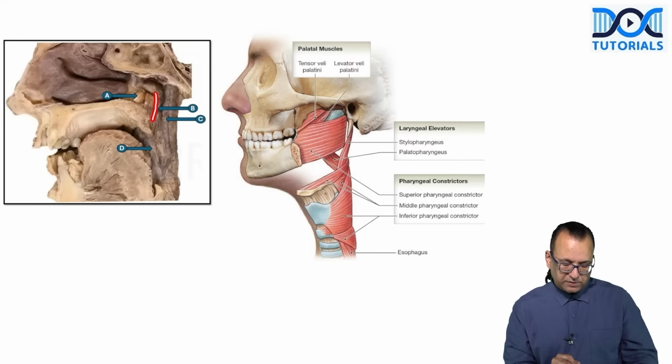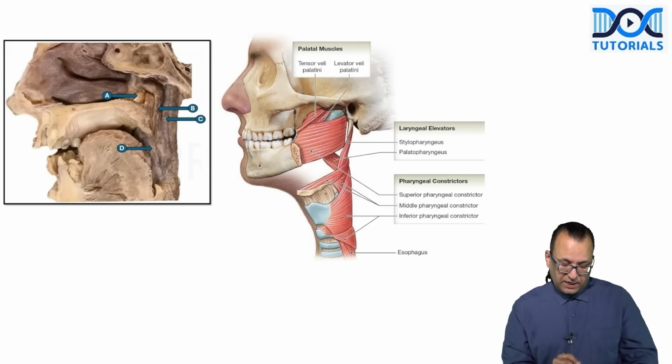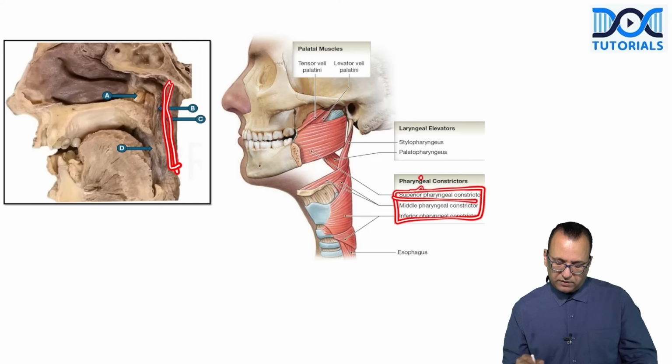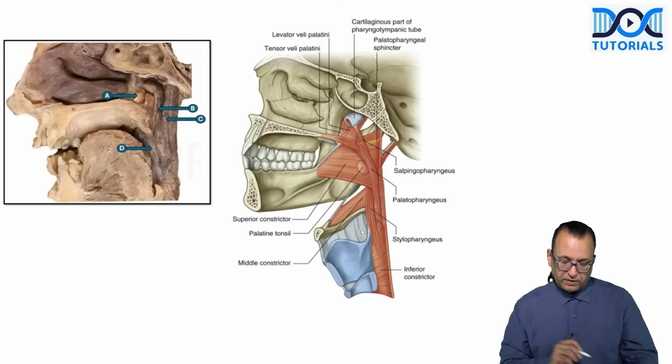Salpingopharyngeus is not evident in this diagram; you have another diagram to discuss that. Even for the palatopharyngeus, it is better to see the next diagram. And the constrictors, superior and middle pharyngeal constrictors, are evident.